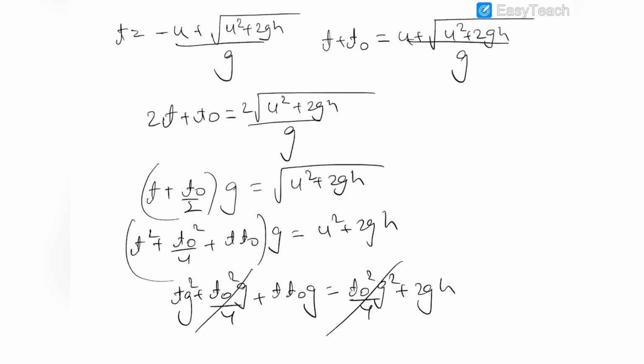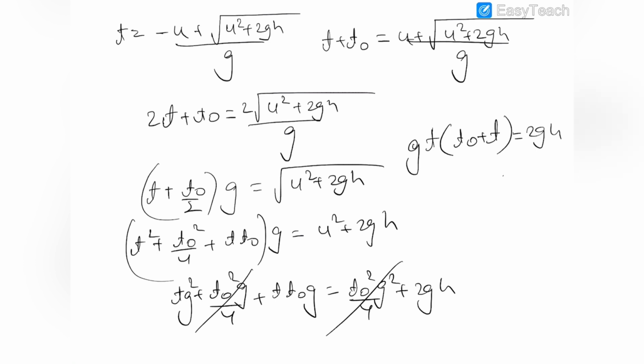Cancelling this with this, we take t common, and here it would be t naught plus t, and this is equal to 2gh.